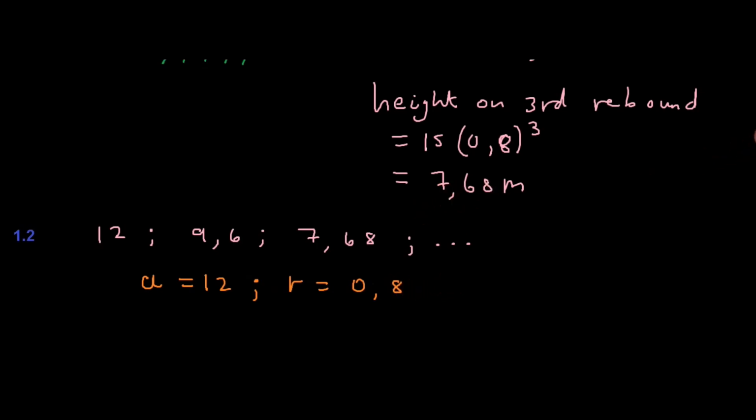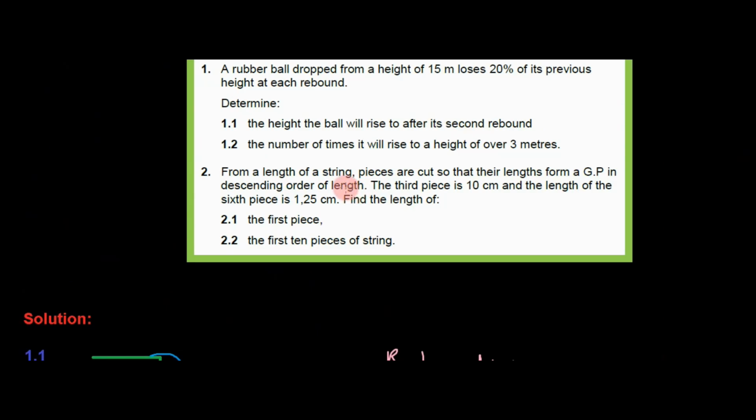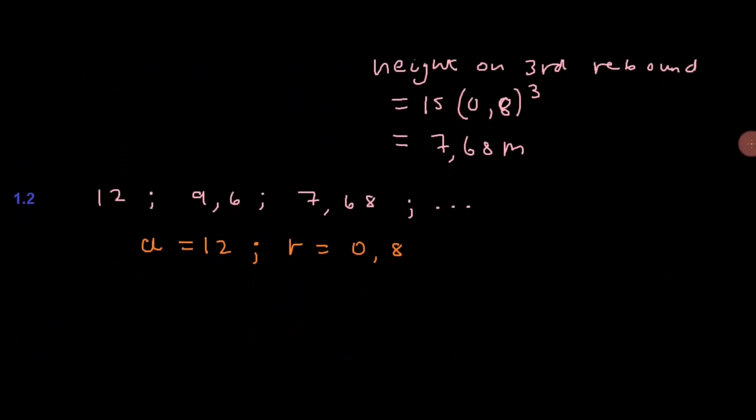In this question, in the second part, the number of times it will rise to a height of over 3 meters. This tells us that we must find the number of terms here that is greater than 3. So we are looking for n, where t sub n, the nth term, is greater than 3.